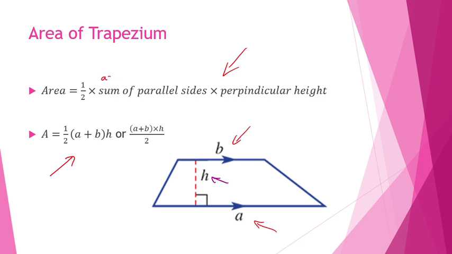Sum means adding, so you add A plus B, multiply by 1/2, and then multiply by the height. To make things easier, you can just take the sum of the two parallel sides, multiply it with the height, then divide the answer by 2, and that will be your area. Pretty straightforward.